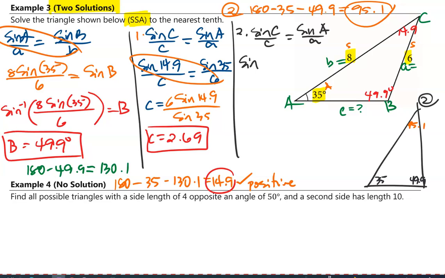So sine of 95.1 over side C is equal to sine 35 over side A, which is 6, and then we can isolate C. So that is 6 sine of 95.1 over sine of 35, so that C is equal to 10.42.